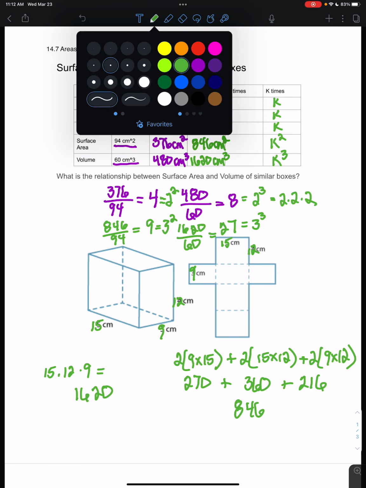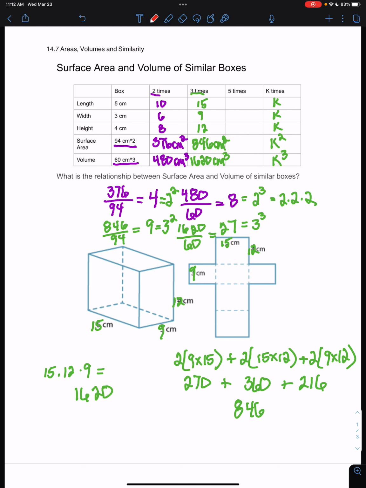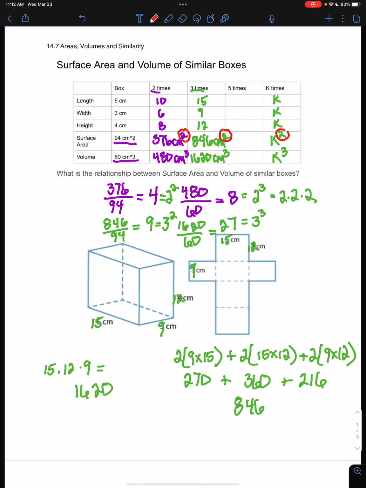A good way to remember this is remember here we're using square units for our surface area. So we want to square our scale factor when we're doing similar figures. For volume, we're using cubic units. So we want to cube our scale factor to find the volume of a similar figure.